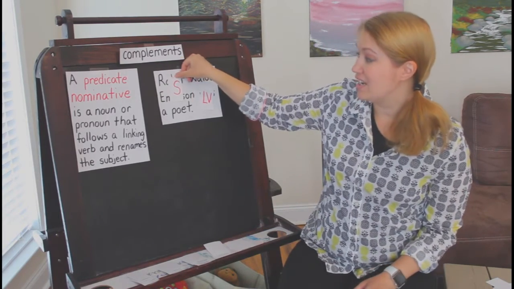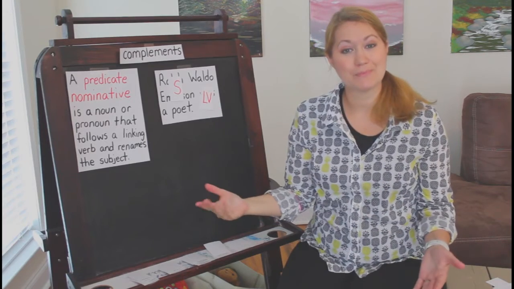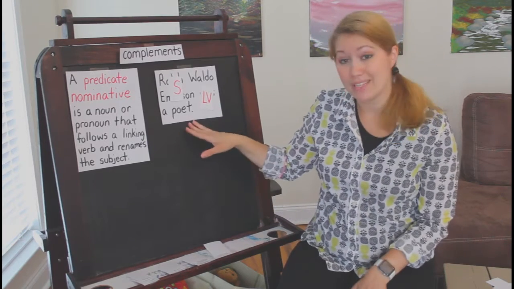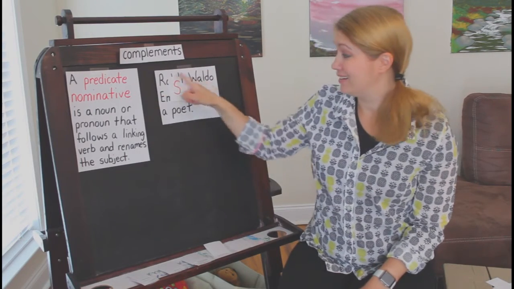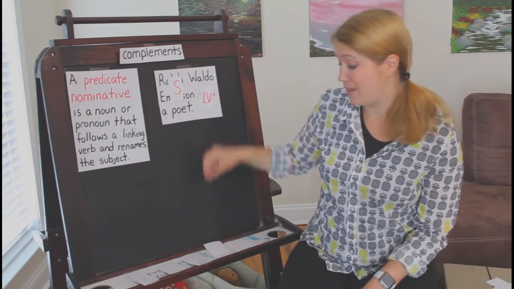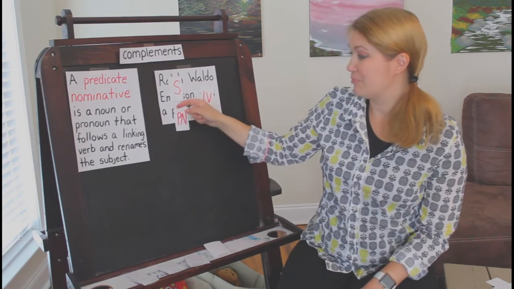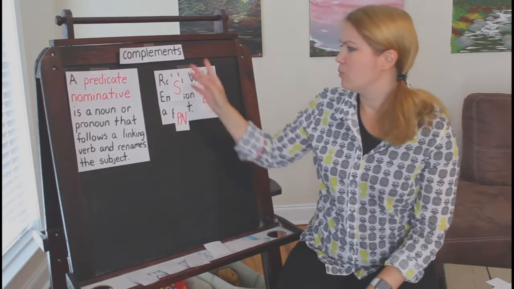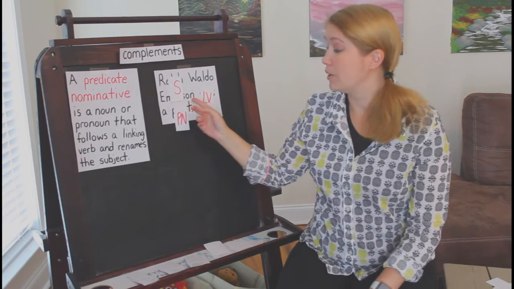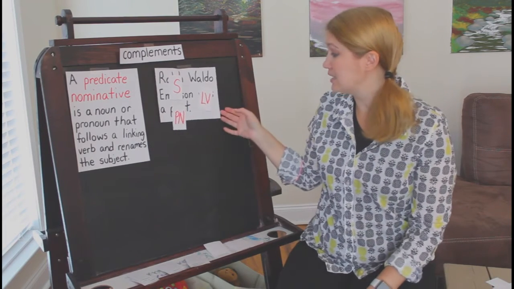So we've got Ralph Waldo Emerson was what? A poet. A poet describes, it's renaming Ralph Waldo Emerson. So that is our predicate nominative. Poet is. Now to check. Poet was Ralph Waldo Emerson. Does that make sense? Yes, it can make sense.